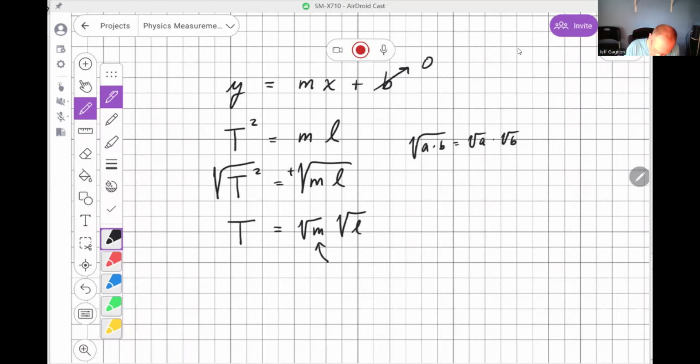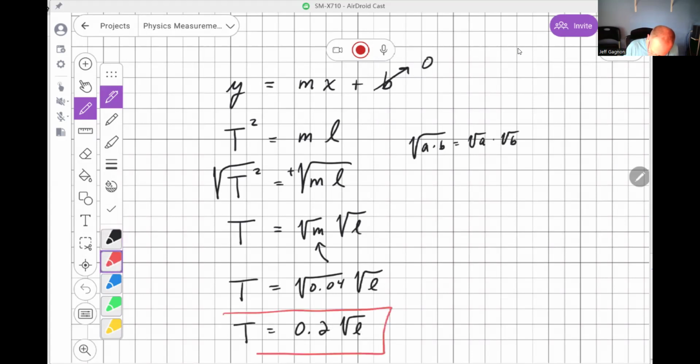I'm going to assume it is exactly that in this case. You will have to use your particular value, but I'm going to assume for me it's 0.04. And then if I take the square root of 0.04, that turns out to be 0.2. So I can rewrite this as T equals 0.2 times the square root of L. And that's exactly what we want.